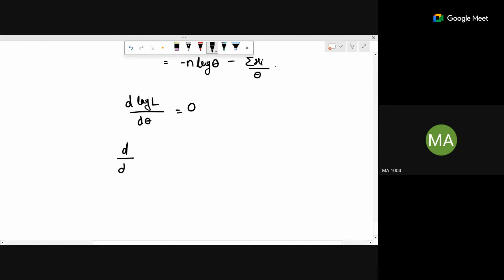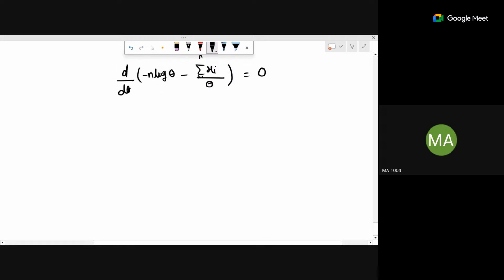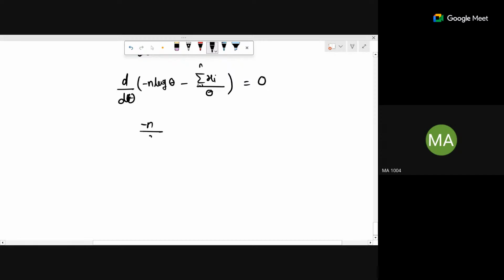So d by d theta of minus n log theta minus summation xi upon theta, equal to 0. What is the differentiation of log theta? Minus n constant, times 1 upon theta. Now the summation xi is a constant, and the differentiation of 1 by theta is minus 1 upon theta square.